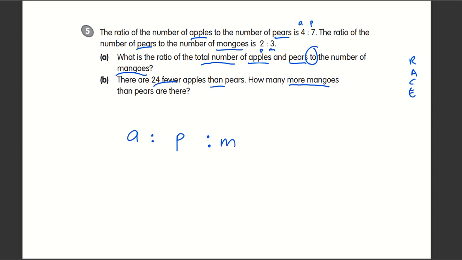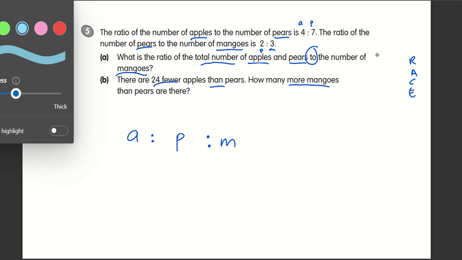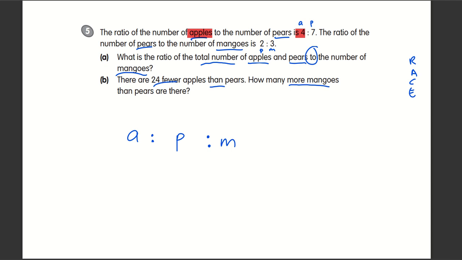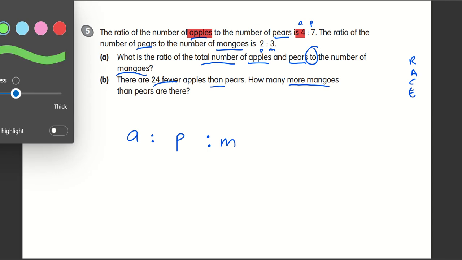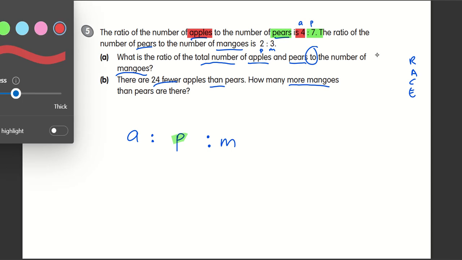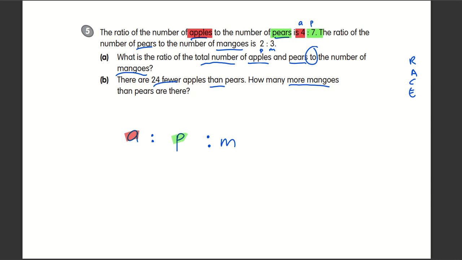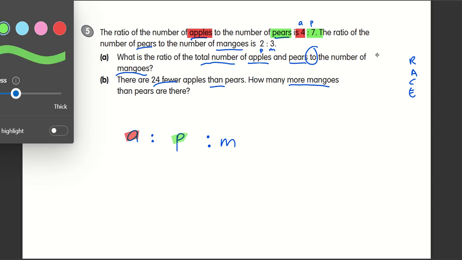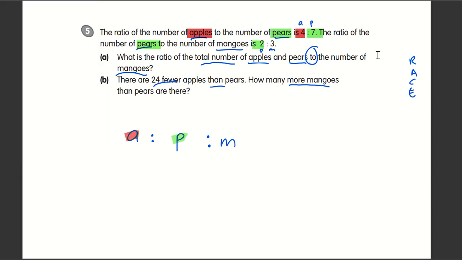To help me be better at this, I'm going to color apple is 4 units, pears 7 units, pears, apples, pears, mango.